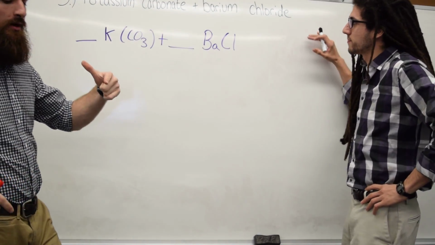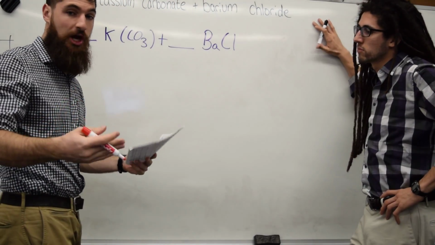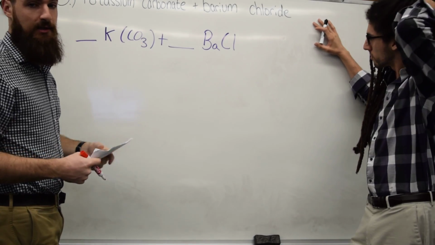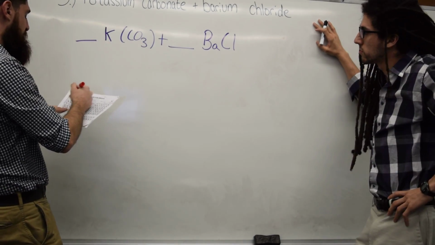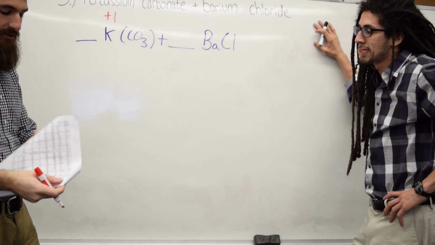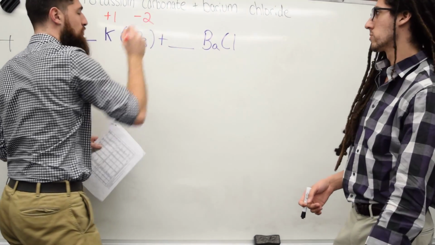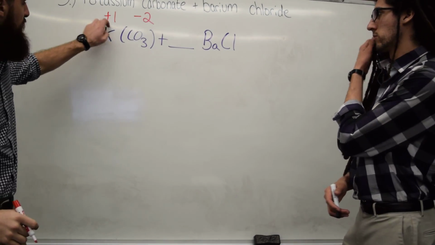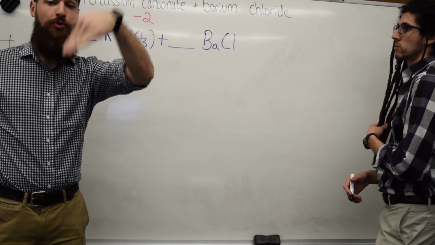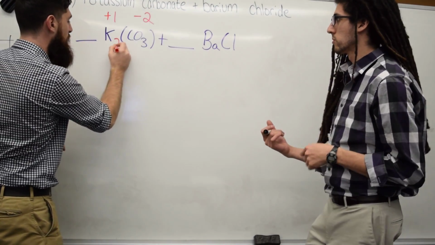Next thing I got to do, check your periodic table and make sure you have your charges. Okay, so if you have your charges, you can do your subscripts. Potassium's charge is +1. Carbonate's charge is -2. We crisscross those charges, and this 2 ends up down here.